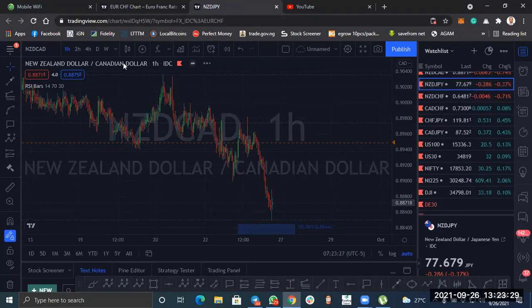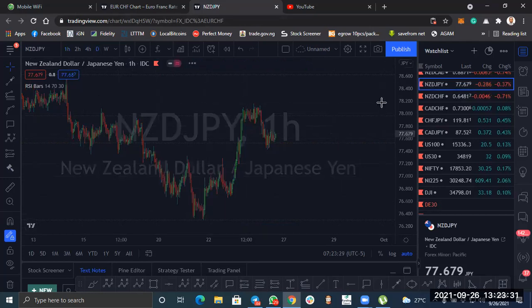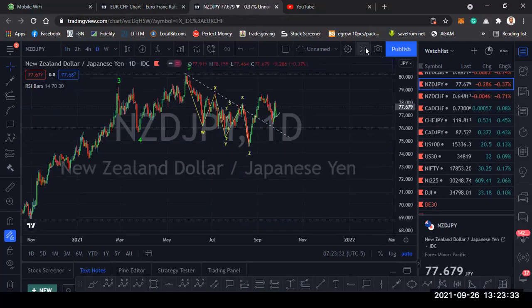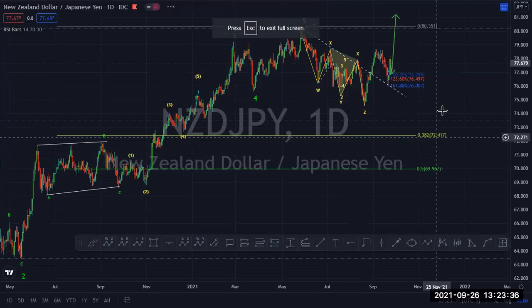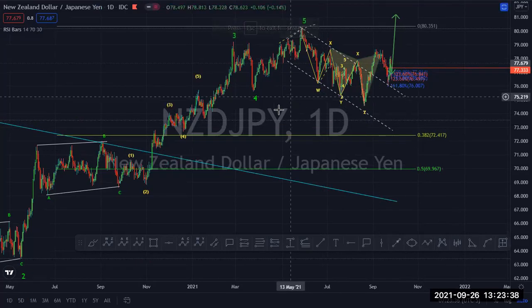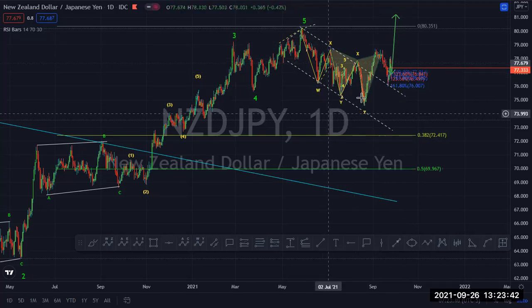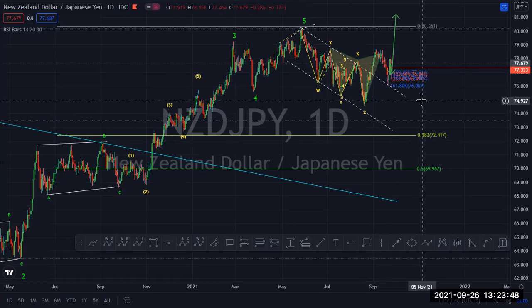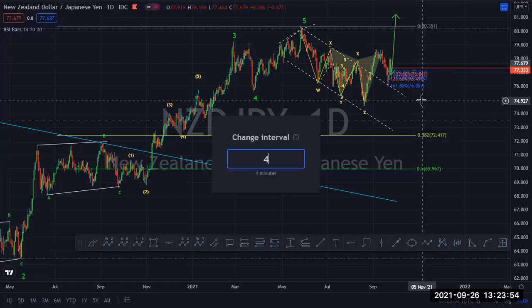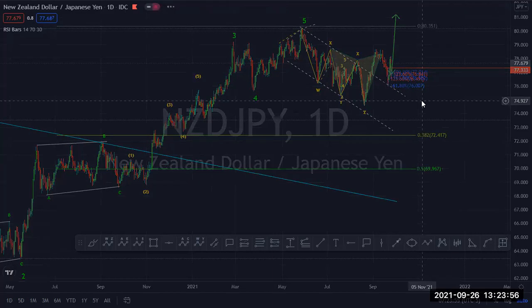New Zealand JPY. This is an interesting move. This correction is over, and the buying is already making sense because it has given us a deep correction. So let's go to 4 hours.